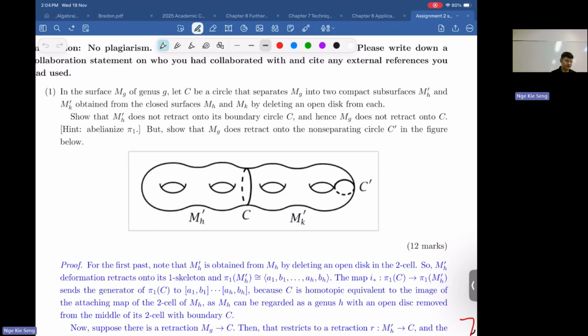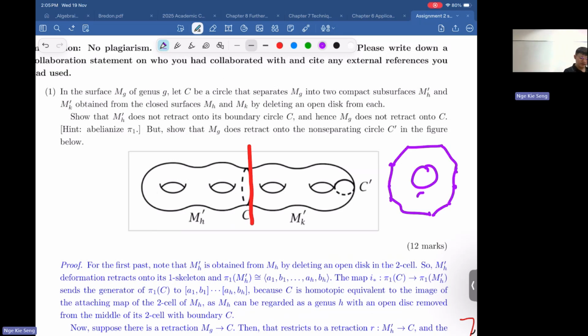So the point here is if you try to cut this surface along C, what you get is some n-gon, I don't know what n is, but with a circle inside.